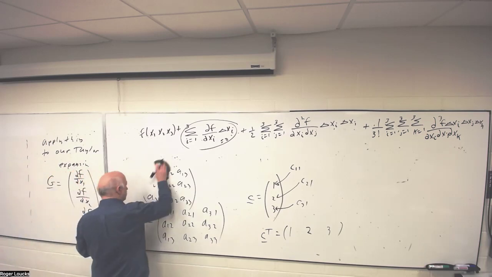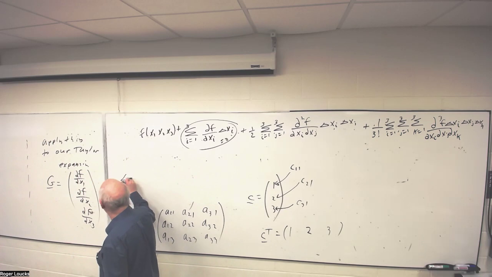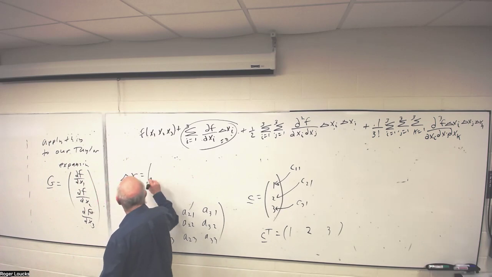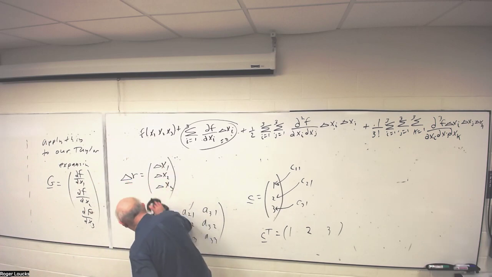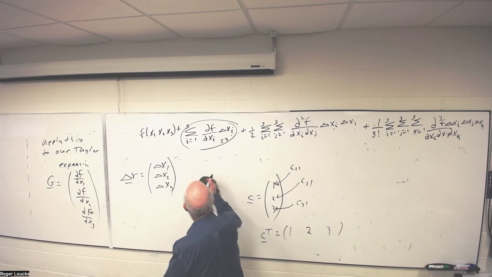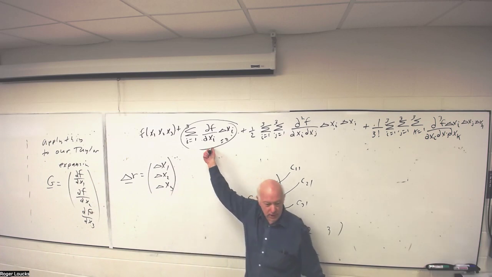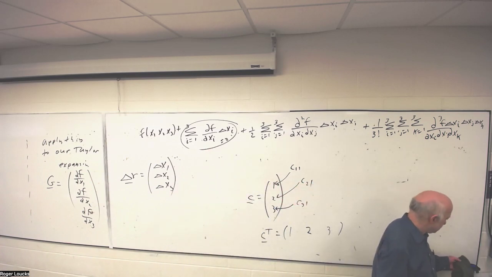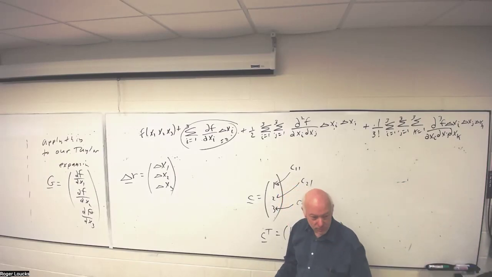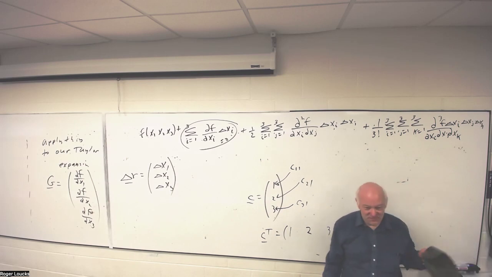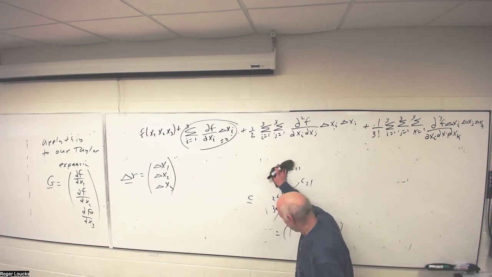And then I could have another matrix, I'll call this delta R, which I could call delta x1, delta x2, delta x3. Tell me what my buddy here is going to become: G times delta R, or G times delta R transpose.